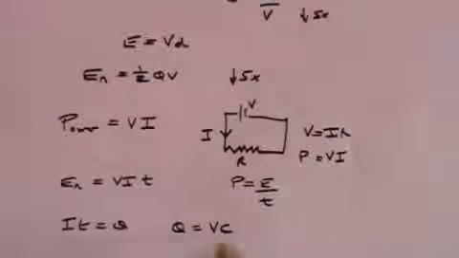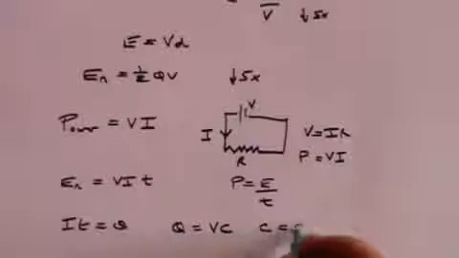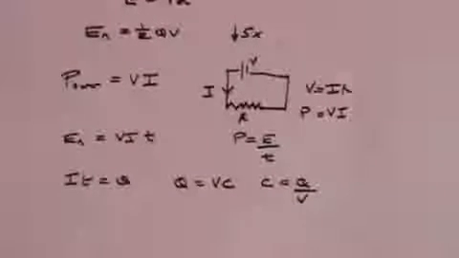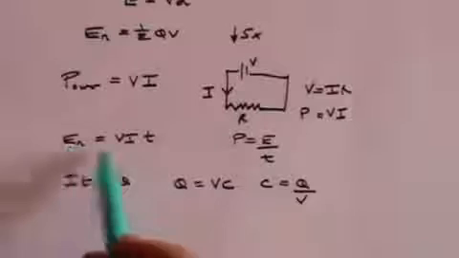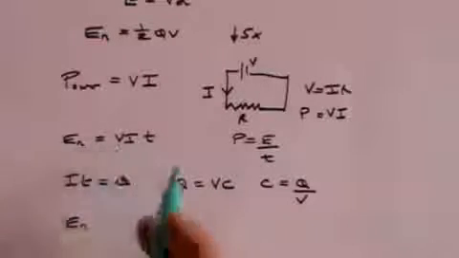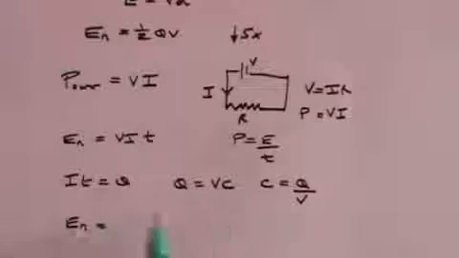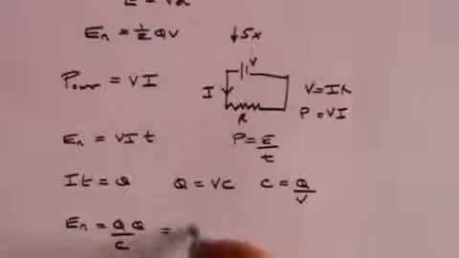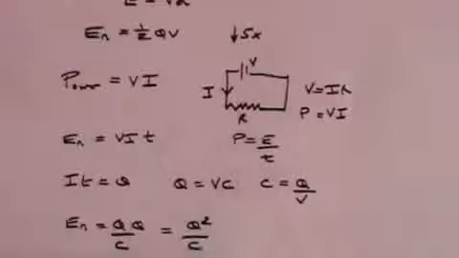That's how we measure capacitance. Capacitance, you remember, is charge per volt. So that means that we can take this formula here, and we can say that energy is VIT. Well, V we can say is Q over C, and IT is Q, and that's Q squared over C.